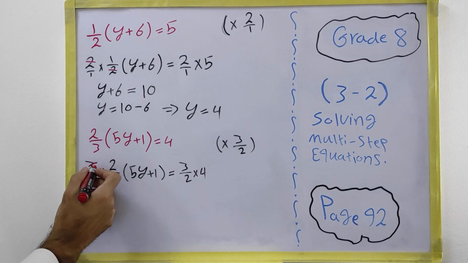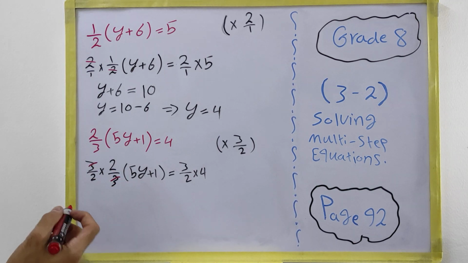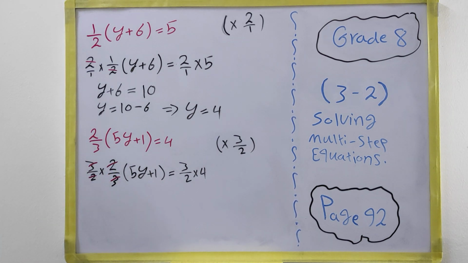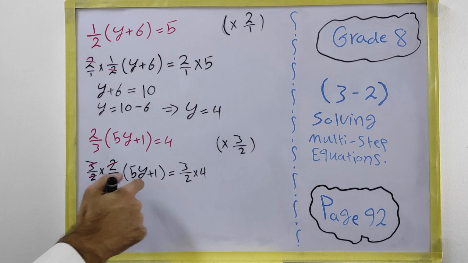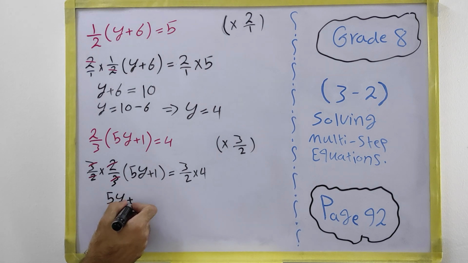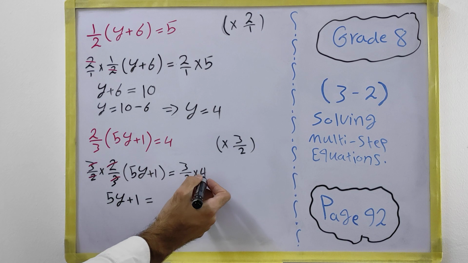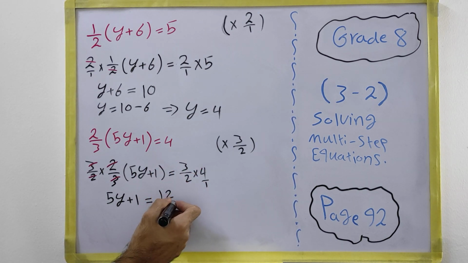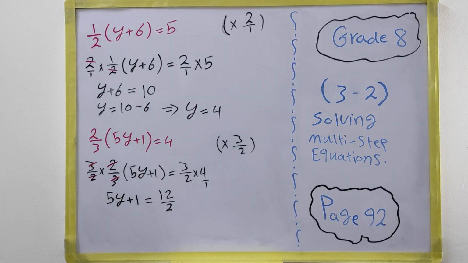Now one of them is in the numerator and one in the denominator, so the 3s cancel and the 2s are the same. Whenever you have multiplication between them, you can do that. Now just 5y plus 1 equals, we know this is 4 over 1, 3 times 4 is 12 over 2, which equals 6.